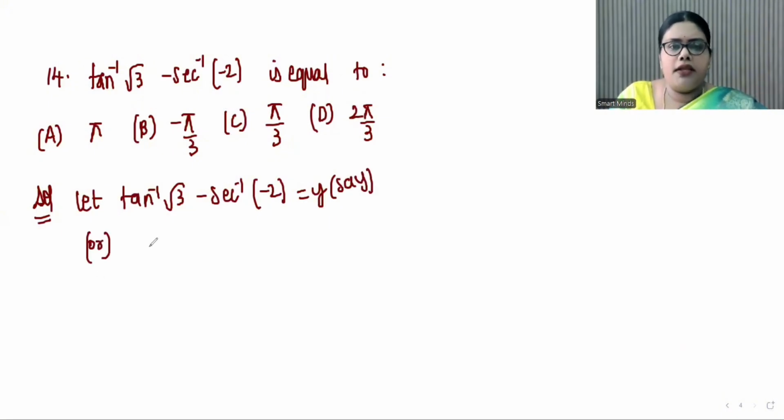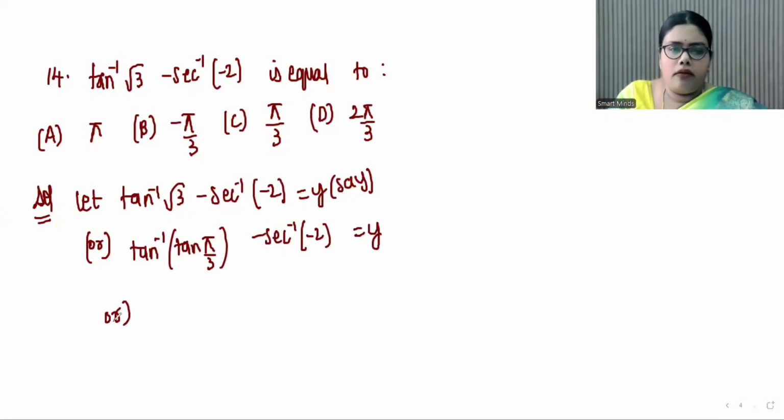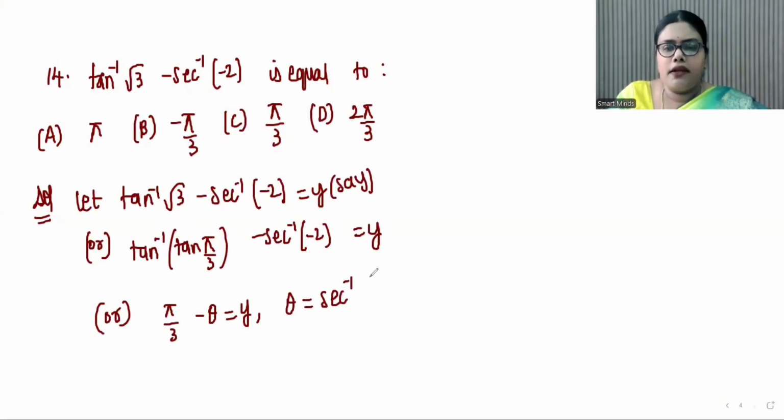Or we can write tan inverse of root 3 as tan pi by 3 minus secant inverse of minus 2 equals y. Or we can write y as pi by 3 minus theta, where theta we have taken as secant inverse of minus 2.